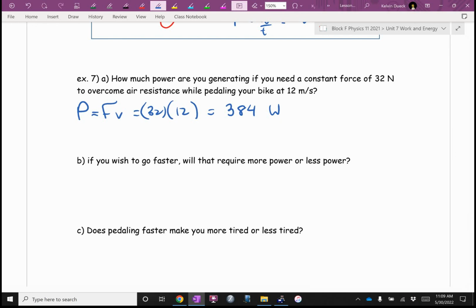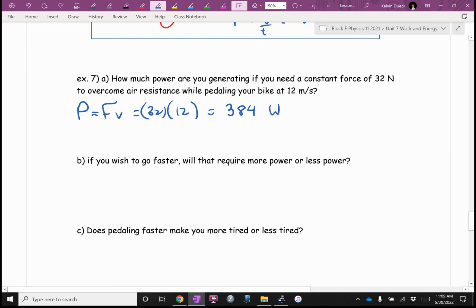Next bit is meant to be Captain Obvious, but it also explains something you may have noticed as a kid. If you want to go faster, will that take more power or less power? If V gets bigger, what happens to this answer? Also, what happens to air resistance as you speed up? So both of these get bigger.